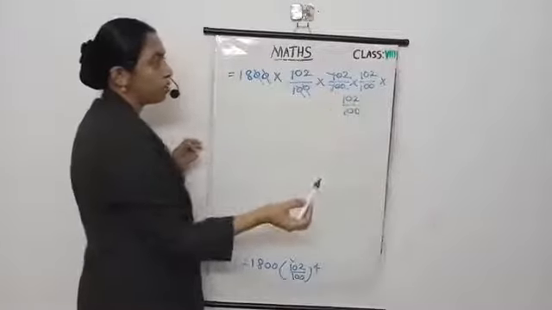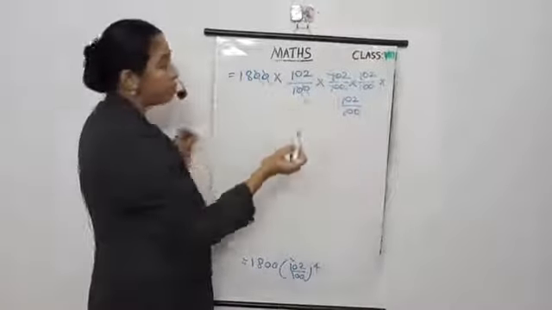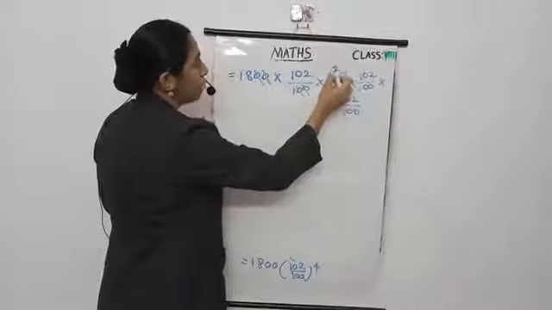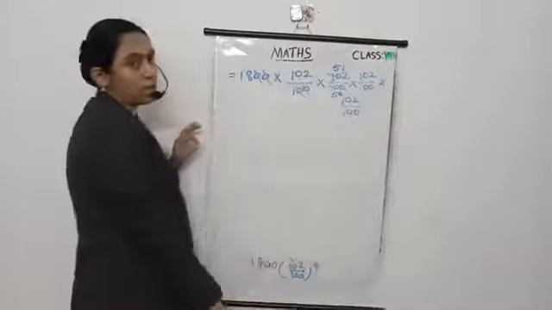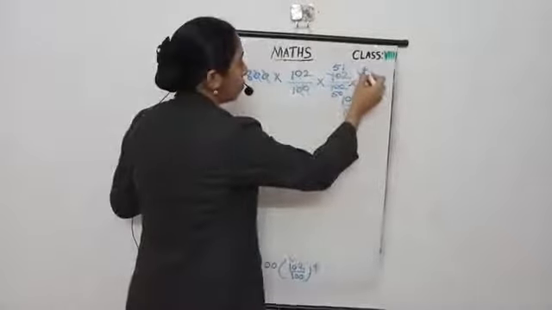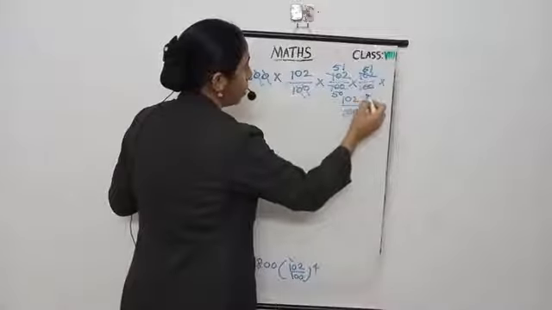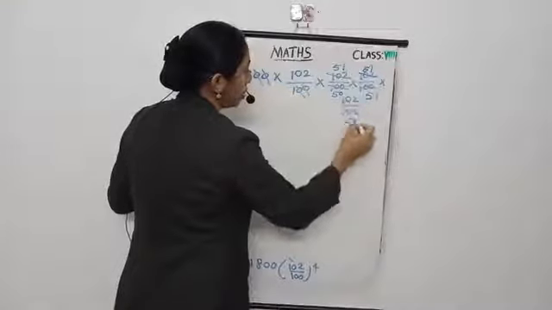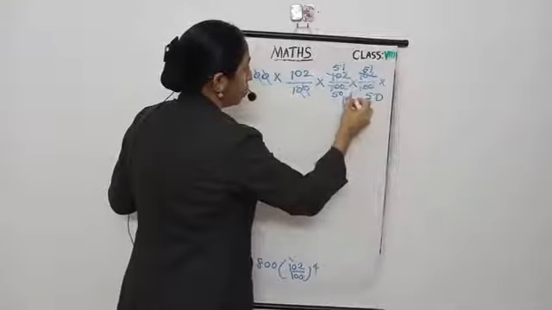Then we can cut this by 2. Dividing by 2, 100 by 2 is 50 and 102 by 2 is 51. So here 50, here 51.